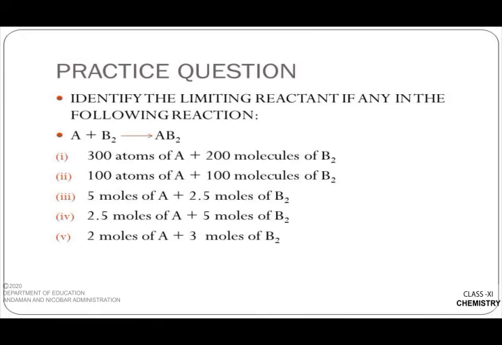First, 300 atoms of A plus 200 molecules of B2. Second, 100 atoms of A and 100 molecules of B2. Third, 5 moles of A and 2.5 moles of B2. Fourth, 2.5 moles of A and 5 moles of B2. Fifth, 2 moles of A and 3 moles of B2.